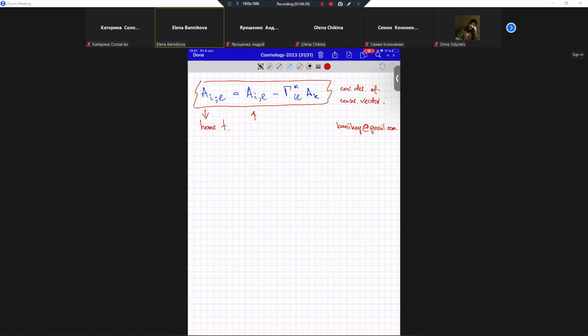What I also wanted to remind is that you can see from this expression that if gamma equals 0, in this case the covariant derivative goes to the normal derivative.